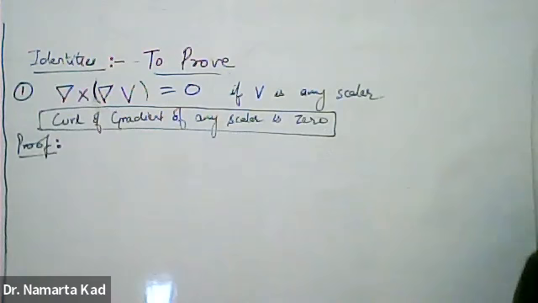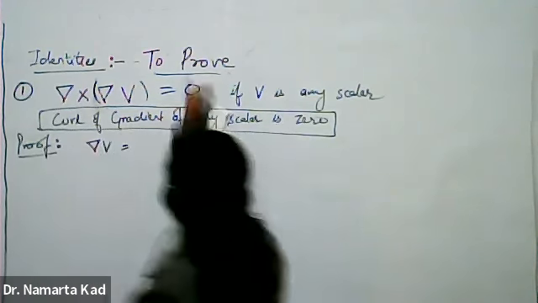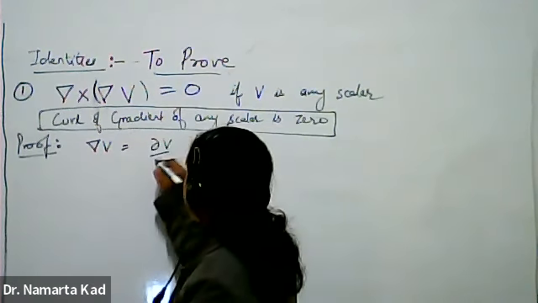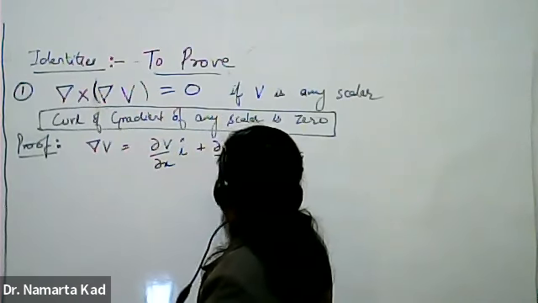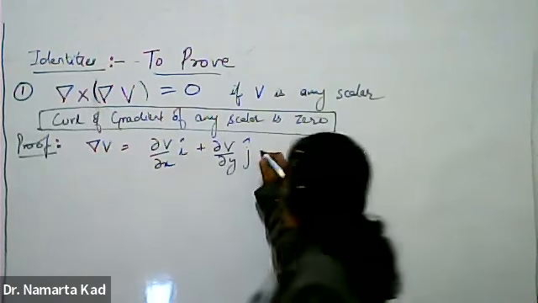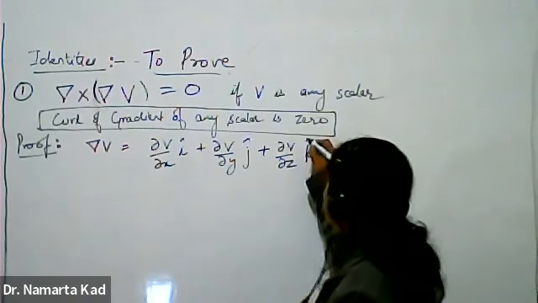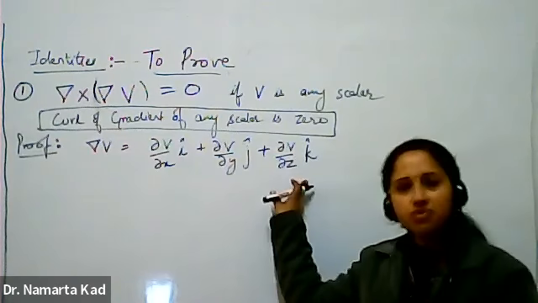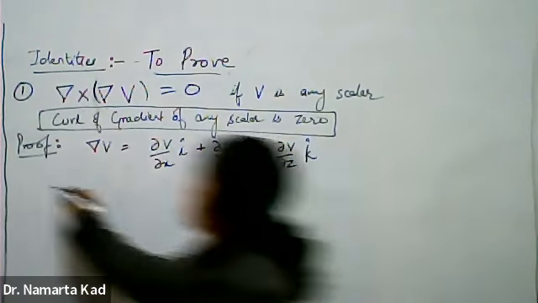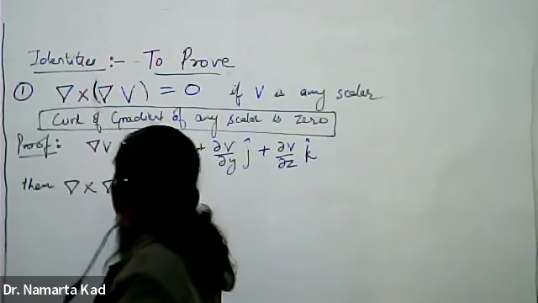Starting with v, what is del v? Del v is curly v by curly x into i cap plus curly v by curly y into j cap plus curly v by curly z into k cap, where i, j, k are the unit vectors. Then del cross del v.